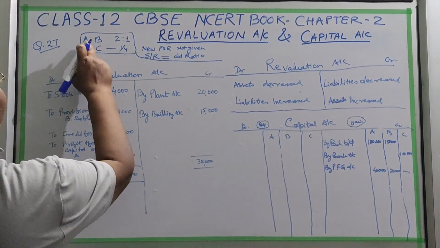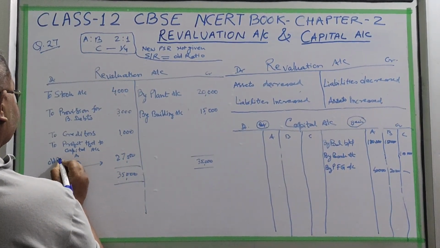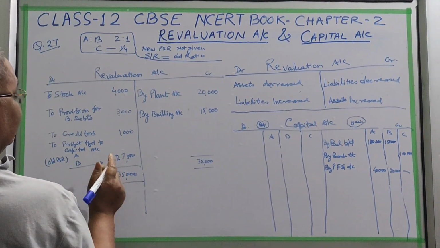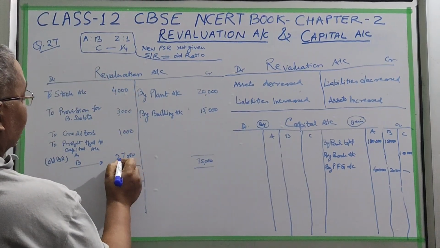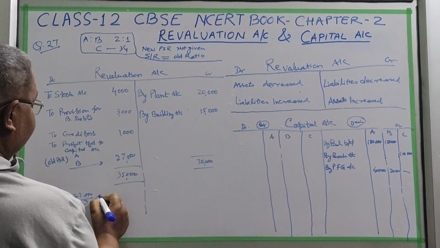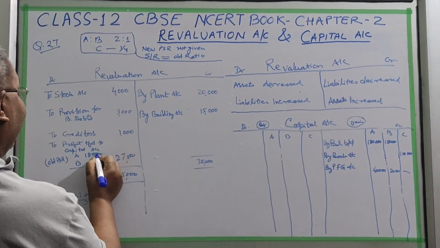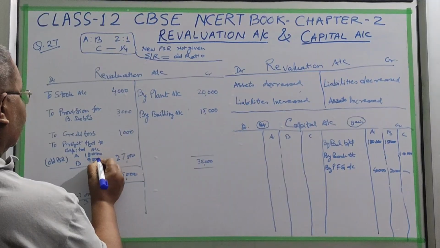Now it will be divided in the old PSR, 2:1. So 27,000 divided by 3 is 9. 9 into 2 means 18,000 will go to A and 9,000 will go to B.